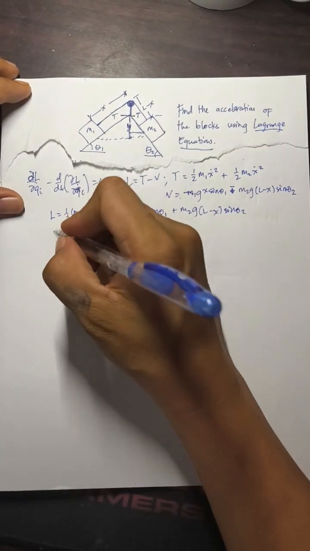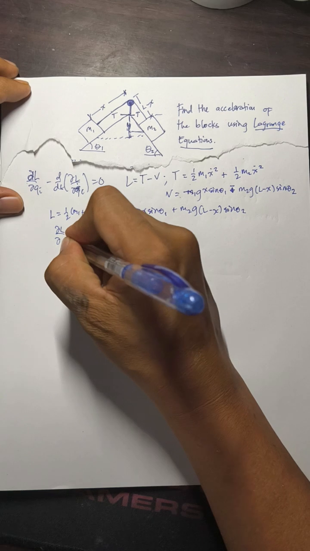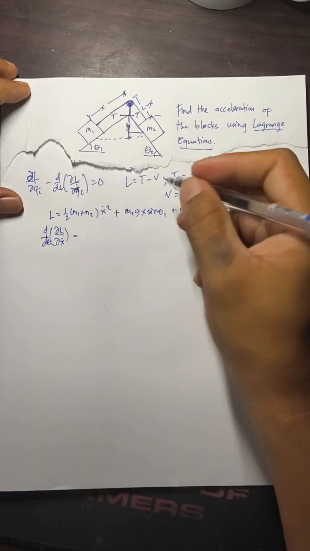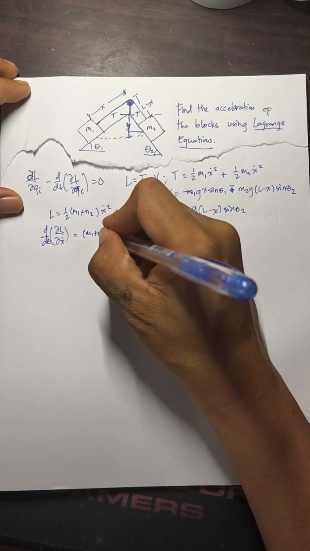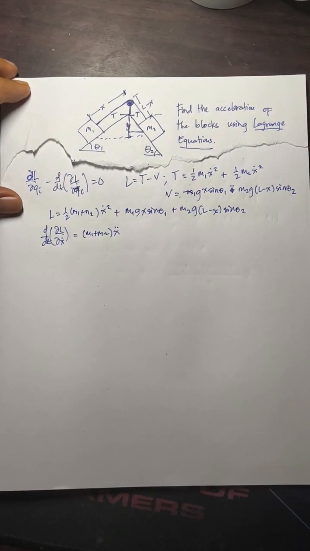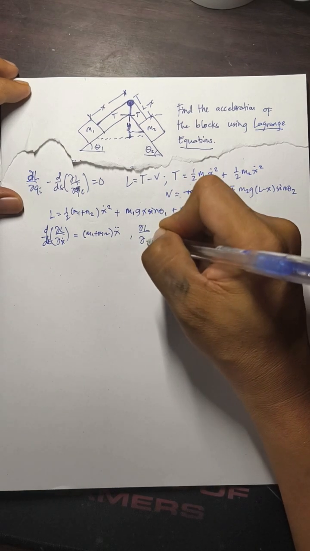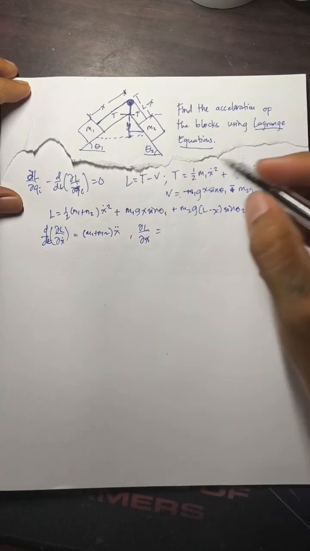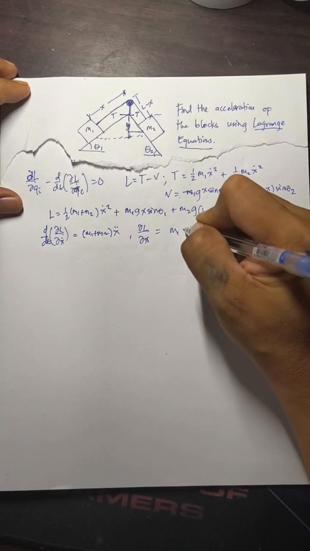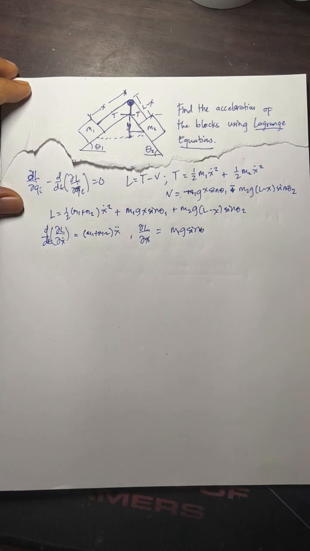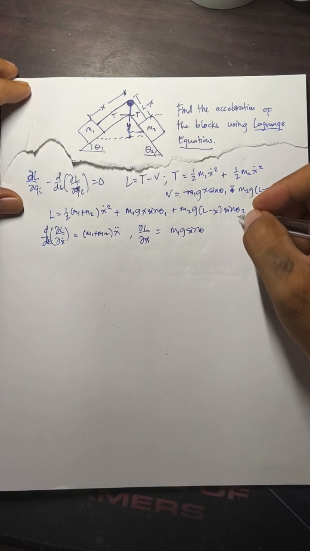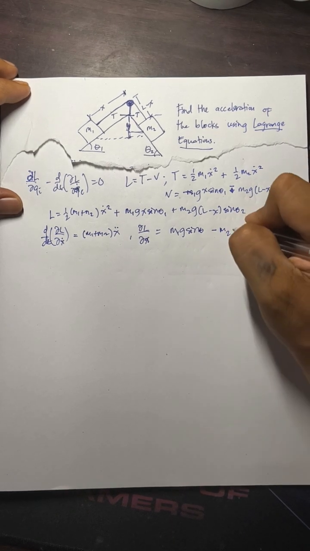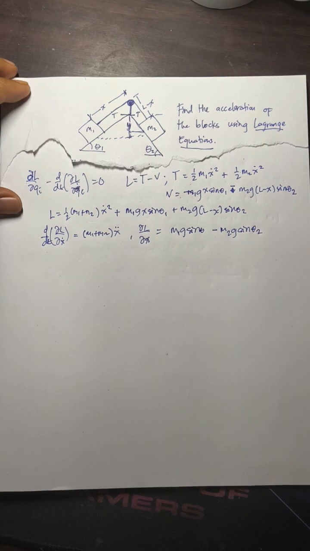And we can form this directly. Our partial L over partial x dot, let's take d over dt directly because it's easy to do that. That would just be (m1 plus m2) x double dot. Now our partial L over partial x would be m1 g sine theta 1, while this one gives a negative, so a negative of m2 g sine theta 2.